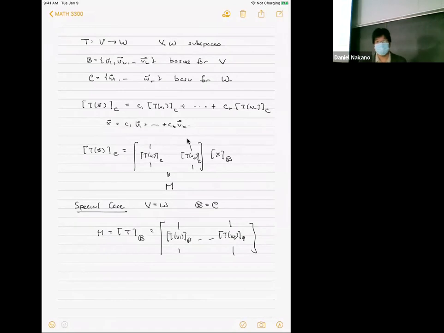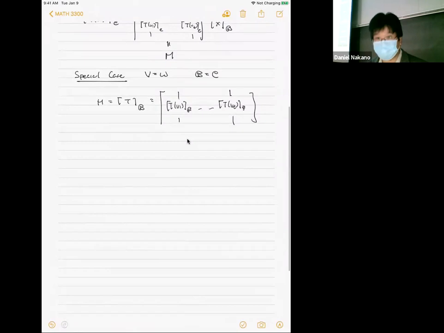Okay, we did several examples of this last time. Are there any questions on this idea? Okay, now, why was this important? Well, it was important in terms of the idea of diagonalization.